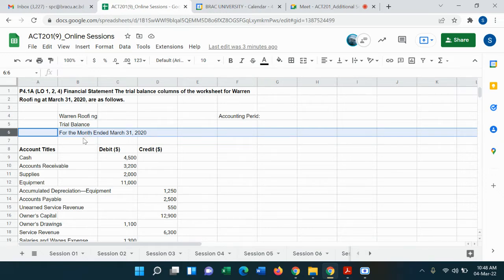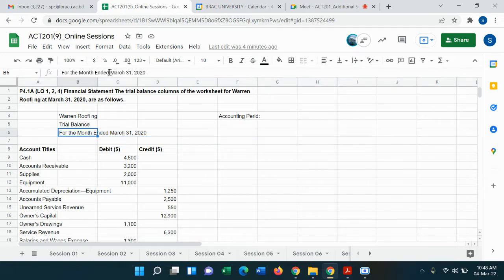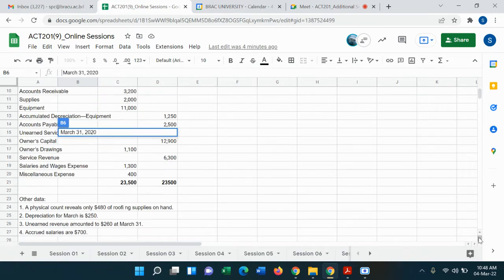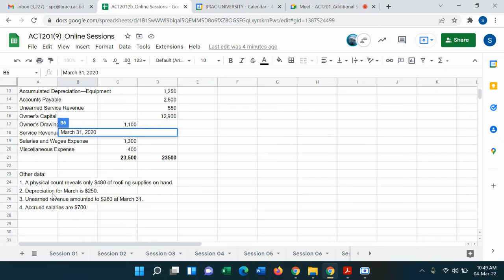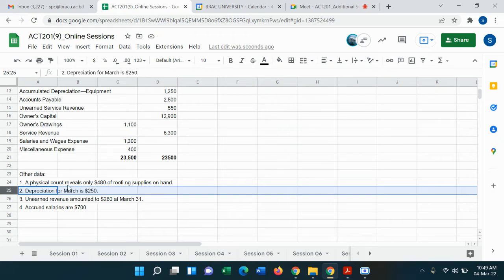So some clues can be given. You have to be careful that somewhere the duration can be given. Say nothing is mentioned here. They just mentioned March 31st, this is the trial balance, and at the end in the additional information they mentioned depreciation for March. So this depreciation is being given for how many months? 1 month.